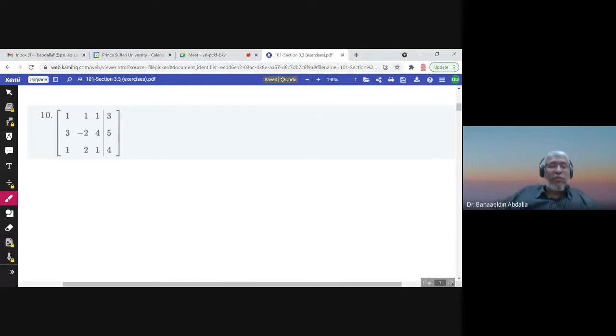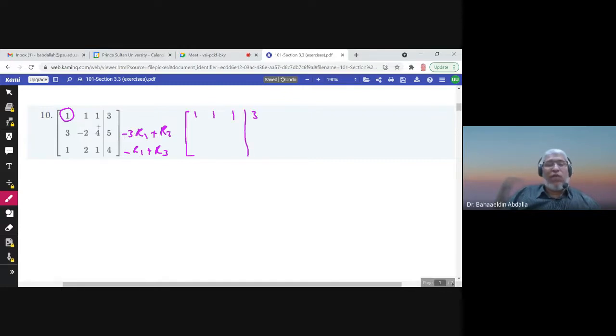Here, this number is 1, but I need these two numbers to be 0. This is a 3, you multiply row 1 by -3. This is 1, you multiply row 1 by -1. Row 1 is not changing.